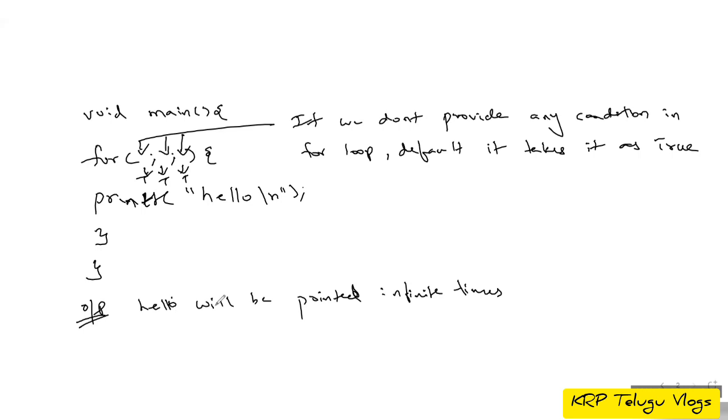If you don't provide any condition in a for loop, by default it takes it as true, and it will be considered an infinite loop.